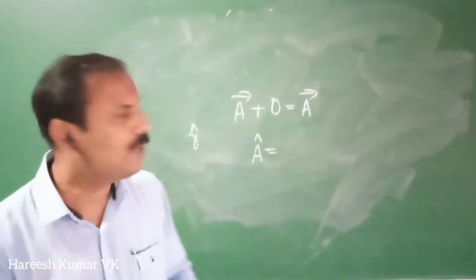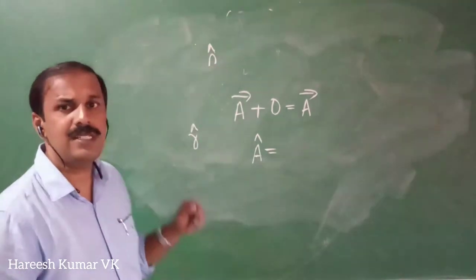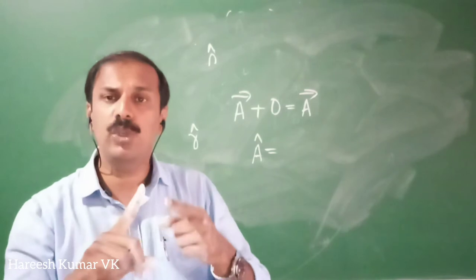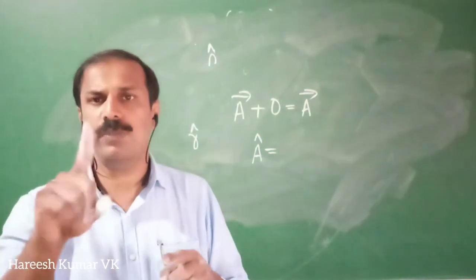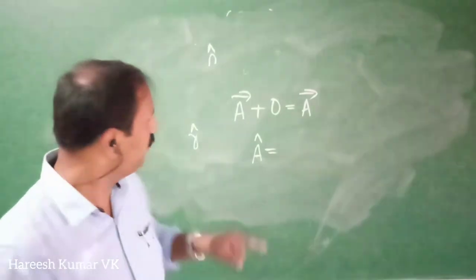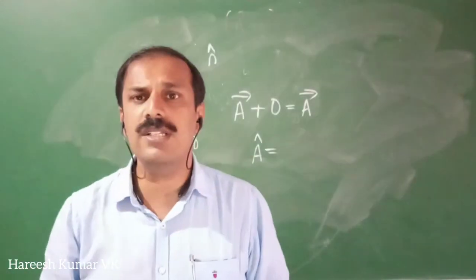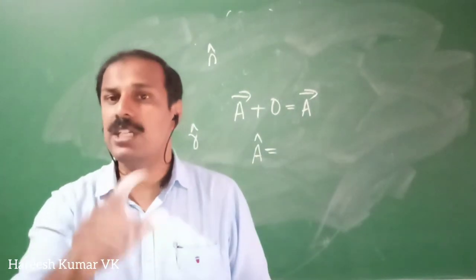For example, if you write N like this, N is generally used for normal. So the unit vector is a vector with magnitude 1 normal to it. So this cap says it is a unit vector, its magnitude is 1, but the direction is very important. So to show the direction we are giving that one.